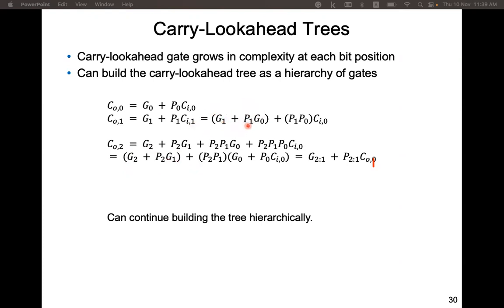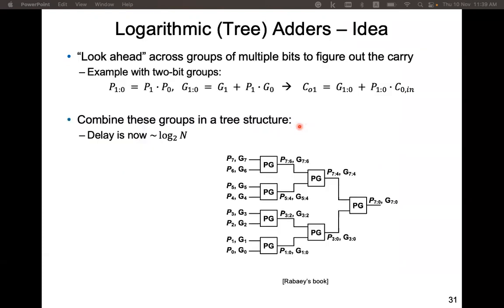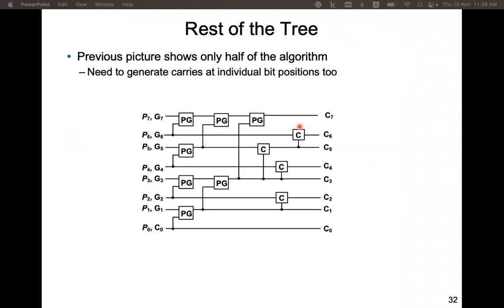It's just an OR gate plus an AND gate. Then this group propagate is an AND gate. Do you have any questions regarding this?